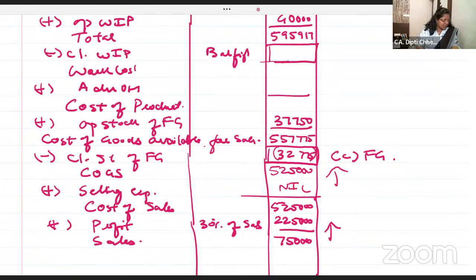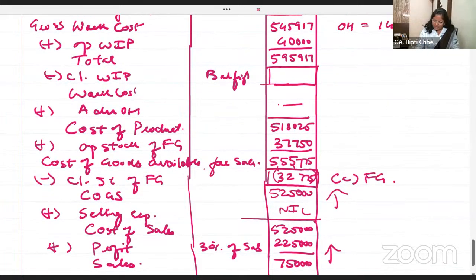One second, dear students. 555. This is by mistake. I wrote 7. If you have also written 7, change it. 5,55,775. Purposely, they give this kind of tricky figures. 555,775 minus 37,750. So you are getting cost of the production 518,025. Now administrative overhead, nothing is given.